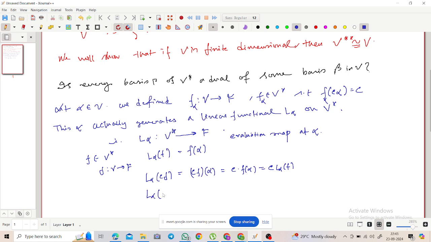Again, if you do L alpha of f plus g, you get f plus g of alpha, which is f evaluated at alpha plus g evaluated at alpha, which is L alpha f plus L alpha g. So for any vector alpha, we are sort of seeing them in V star star.